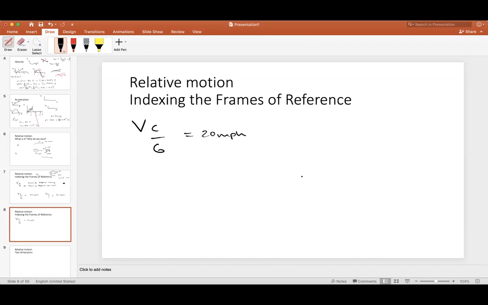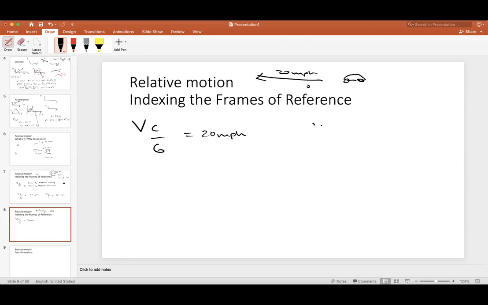But what if we wanted the car to be at rest and the ground moving? That might take a minute for your brain to think about. But essentially, you could imagine that instead of the car moving at 20 miles per hour, the car is at rest, right? And the ground is moving 20 miles per hour in the opposite direction. But the car is never changing its position. The ground is just moving underneath it.